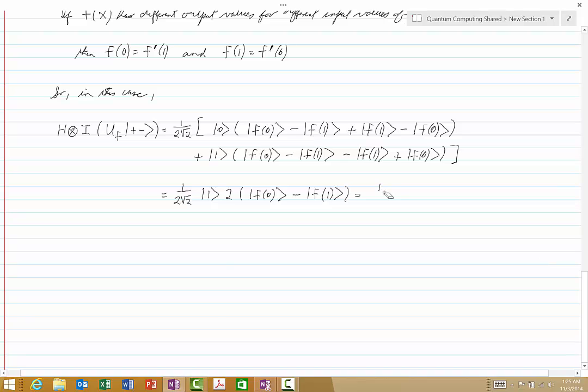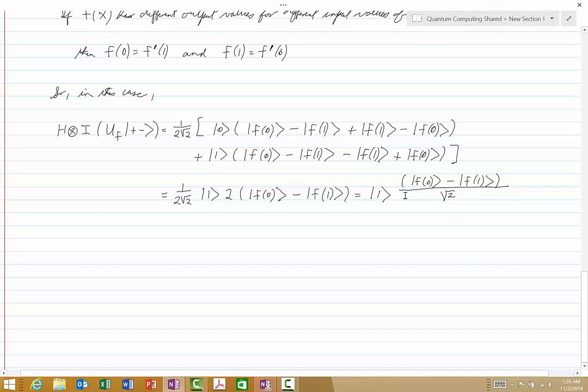and so we get 1, actually let's just write it maybe like this. We'll get 1 and then f of 0 minus f of 1 over square root of 2.